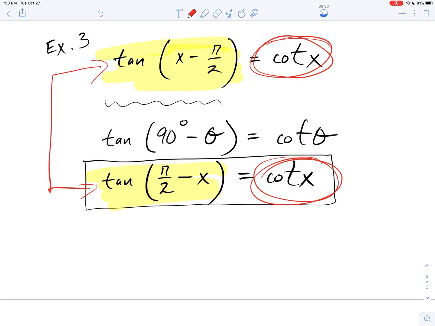It's very subtle, but do you see they don't match? Pi over 2 minus x is not necessarily the same thing as x minus pi over 2, right? It's like if I said, what's 6 take away 2? It's not the same thing as 2 take away 6. So I would have to say this one is false. So be careful. They do try to trick you with the true-false section here.